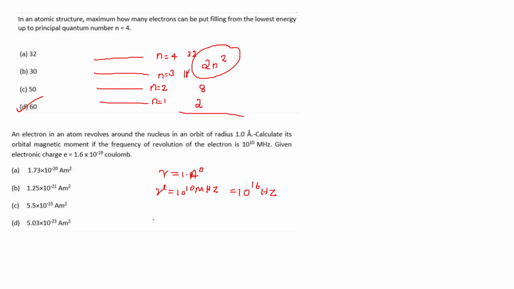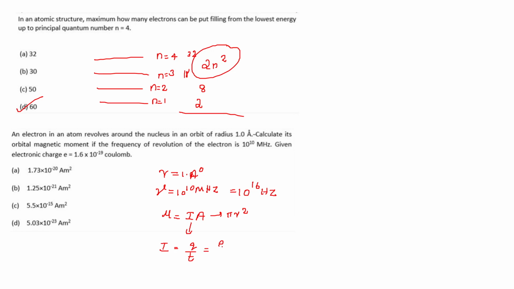Basically we know how to calculate the magnetic moment. It's equal to I into the area, where I is the current and A is the area. Area will be pi r square because we are assuming a circular orbit. Okay, now what about the current? We can calculate it from charge per time.